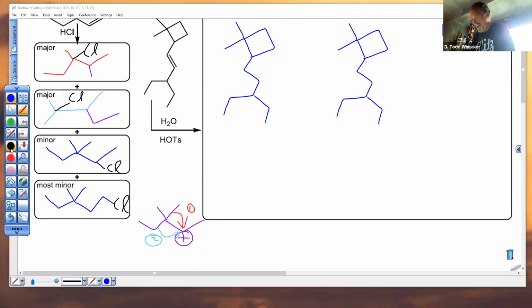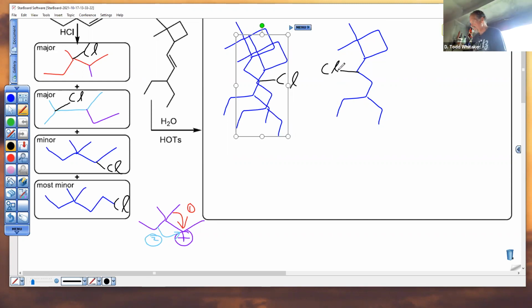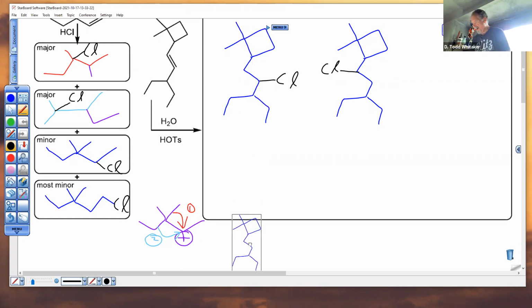And we put a Cl here for one of them and here for the other. Those are both minor. The cations they came from are these two cations. Plus here and a plus here.